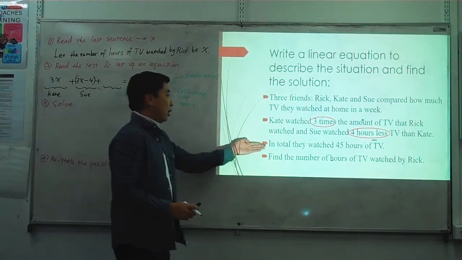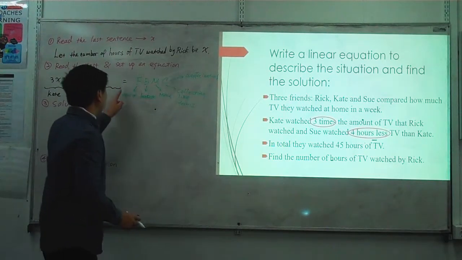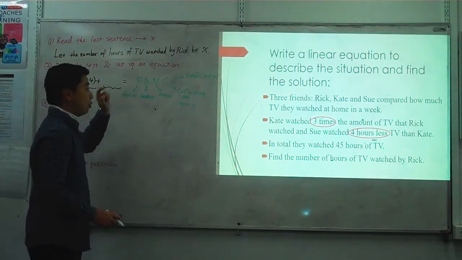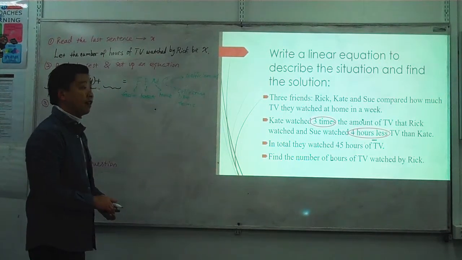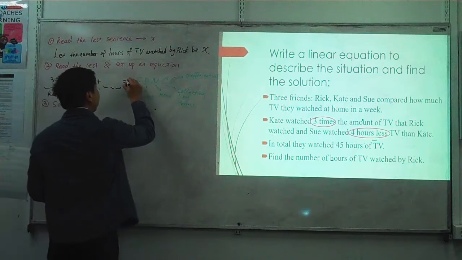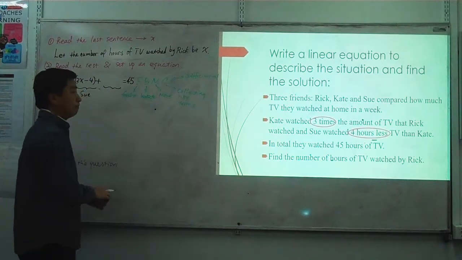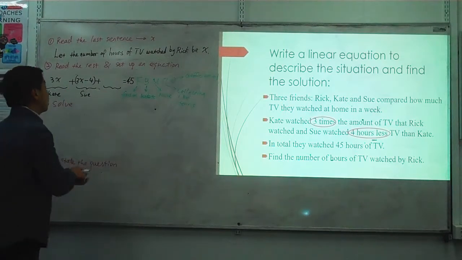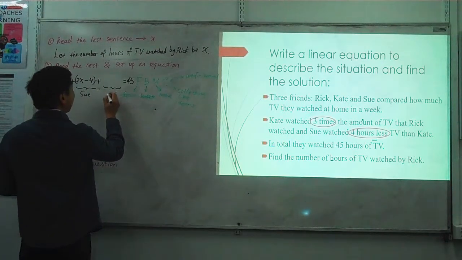And then in total, that's correct, in total, add them together equals, they watched 45 hours of TV. 45 hours. And also we can see we have 3 friends, so we miss Rick.